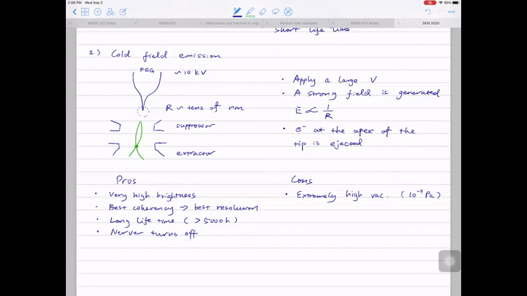The second issue is you need to do periodic "flashing." What happens is, because your gun is kept at a low temperature, like room temperature, the vacuum can never be perfect. There's always some dirt floating around.